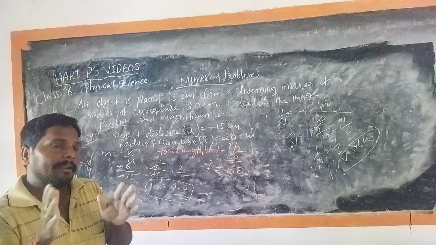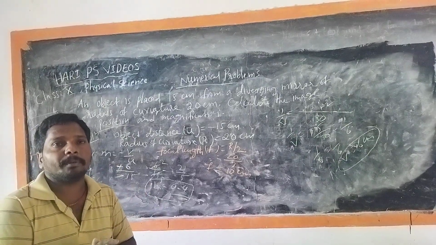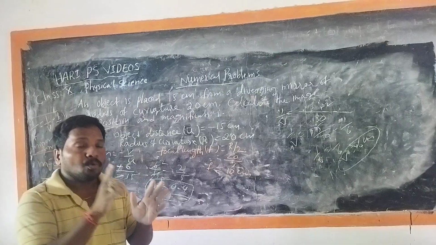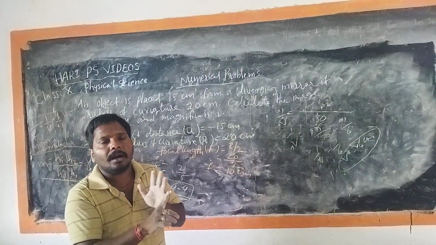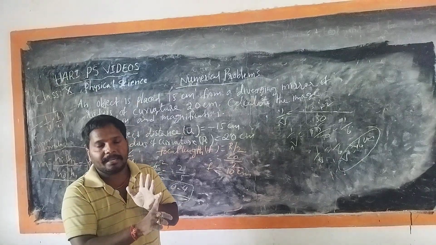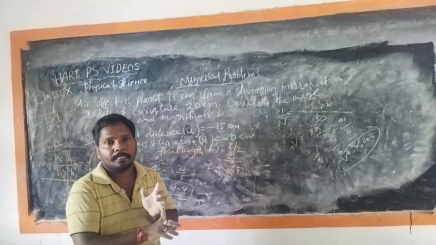Simply, the final conclusion, the final tip for solving the problems: know the position of the object in front of the concave mirror or the convex mirror.